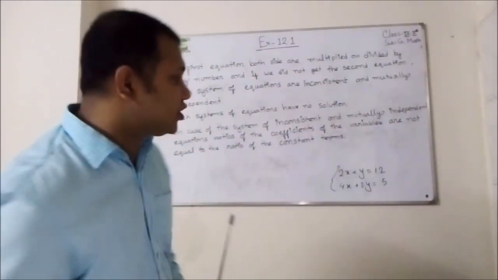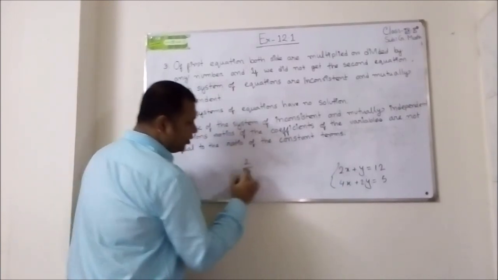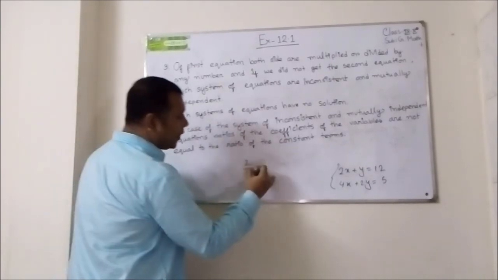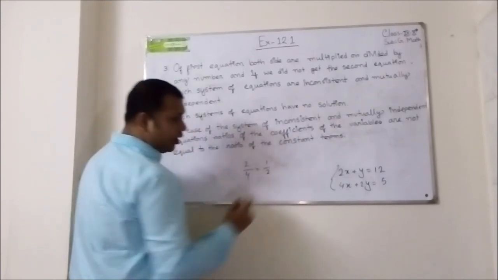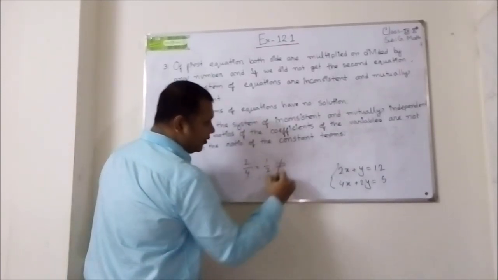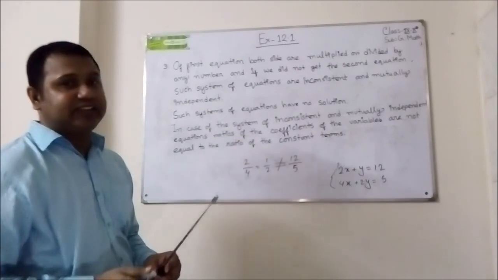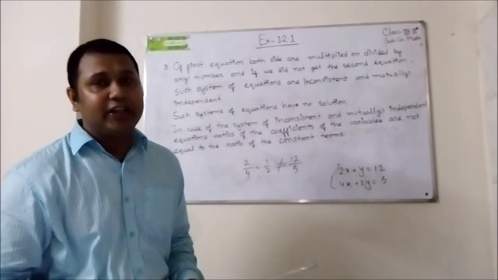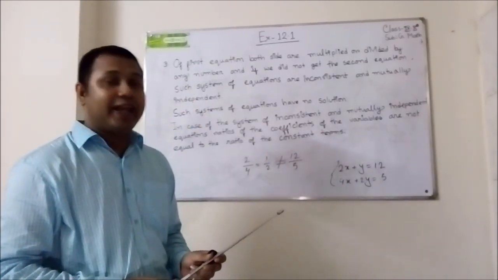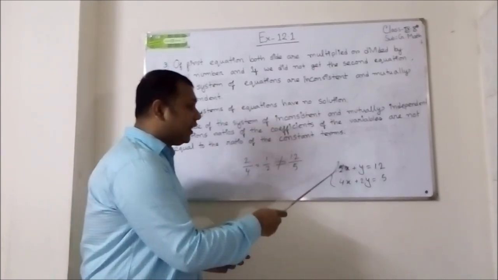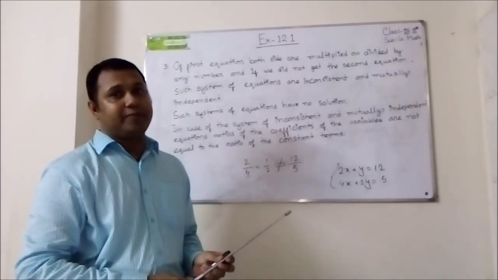That is, 2 by 4, the ratio of the coefficients of x, is equal to the ratio of the coefficients of y, 1 by 2, but the ratio of the constant terms, 12 by 5, is not equal. Such a system of equations is called inconsistent and mutually independent, and has no solution at all if the ratios of the variable parts are equal but not equal to the constant part.